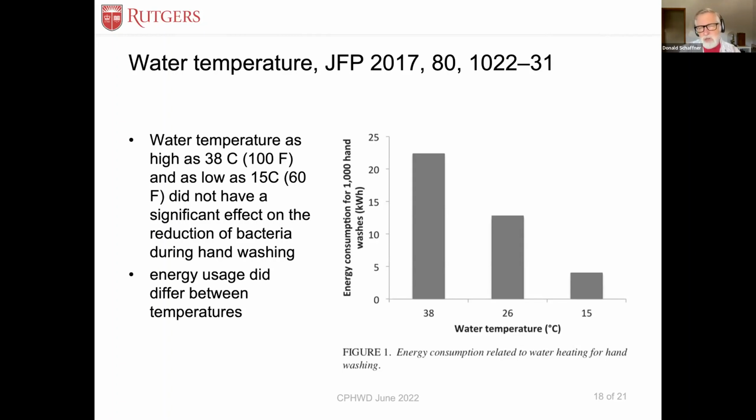You probably don't want to get too much warmer than 100 because it's not too comfortable, and even 60 degrees might be kind of cold for some people. And so what we ended up recommending from this work is that really what we want is water temperature that is comfortable. Why? Because if the water temperature is comfortable, not too hot and not too cold, you are more likely to do a good job at washing your hands.